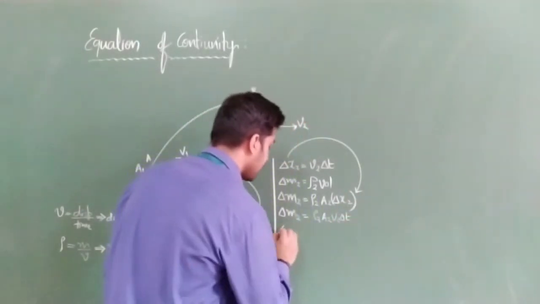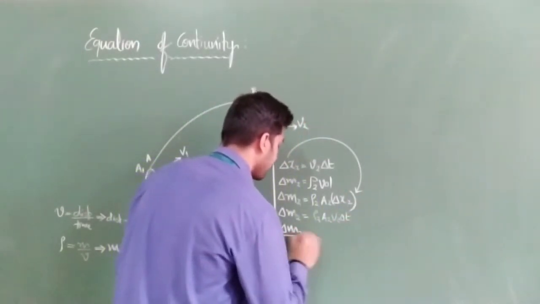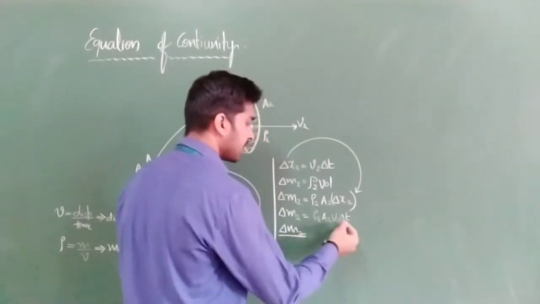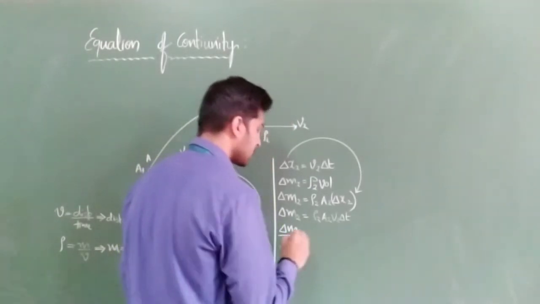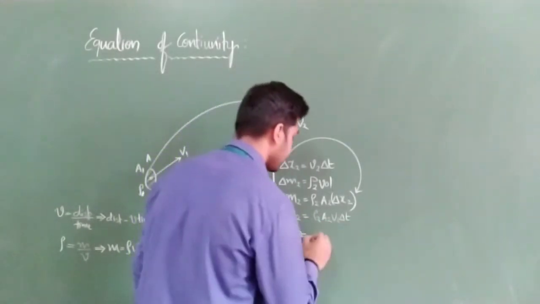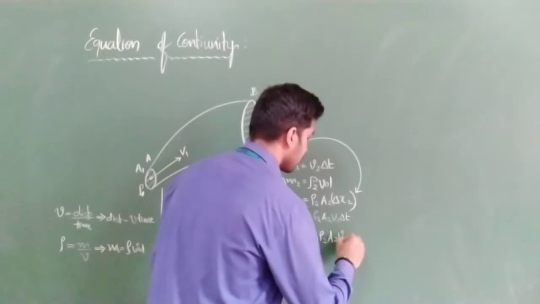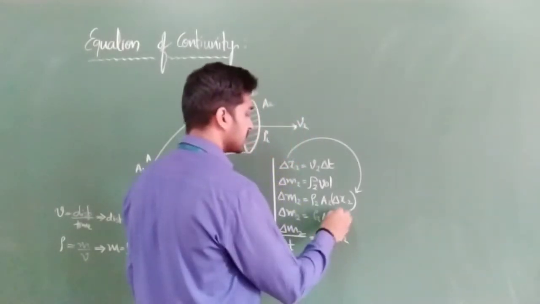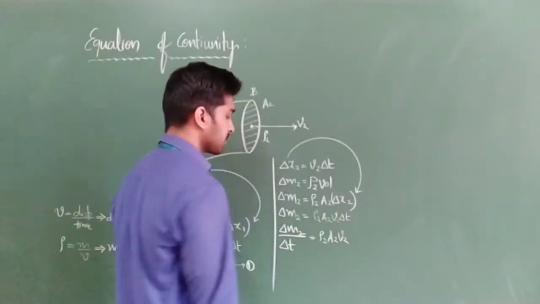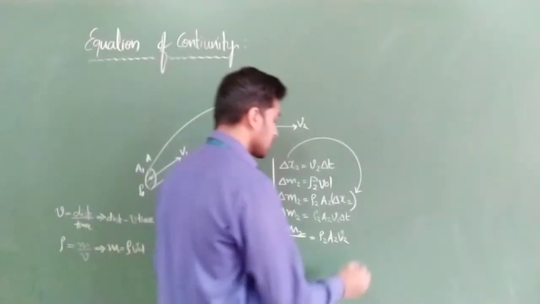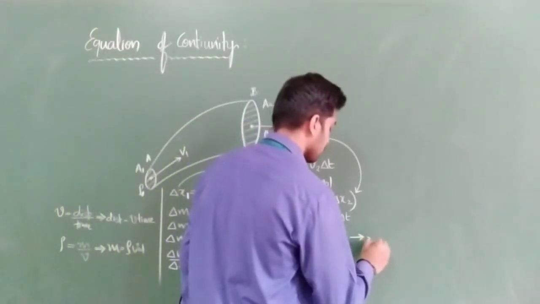So delta m2 divided by delta t is equal to rho 2 A2 into V2, where V stands for velocity. Let us call this equation number 2.